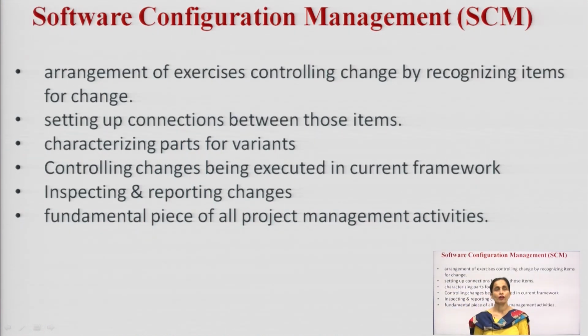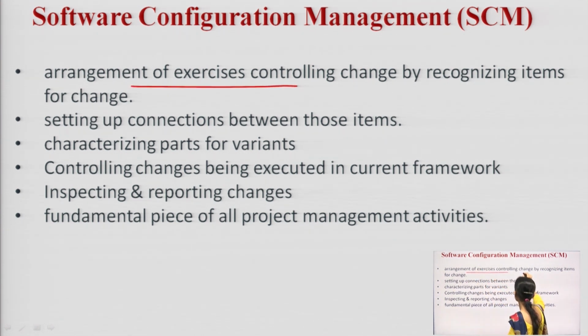Then moving on to configuration management in software, that means we are now looking at software configuration management, which stands for SCM. SCM is a set of activities for controlling change by identifying the items that will be changed.